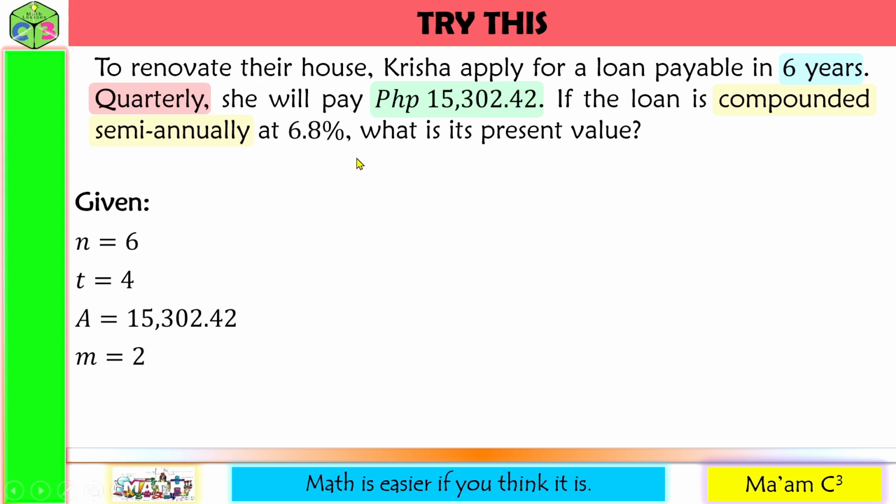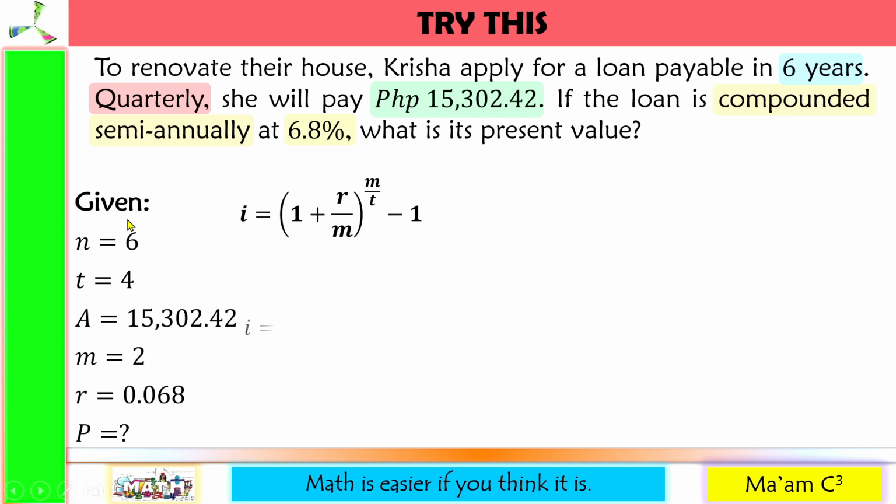At 6.8%, this is our nominal rate, 0.068. And we are looking for the present value. First step is the value of I. Let us substitute the values here. Our R is 0.068. Our M is 2. M again is 2. And our T is equal to 4.